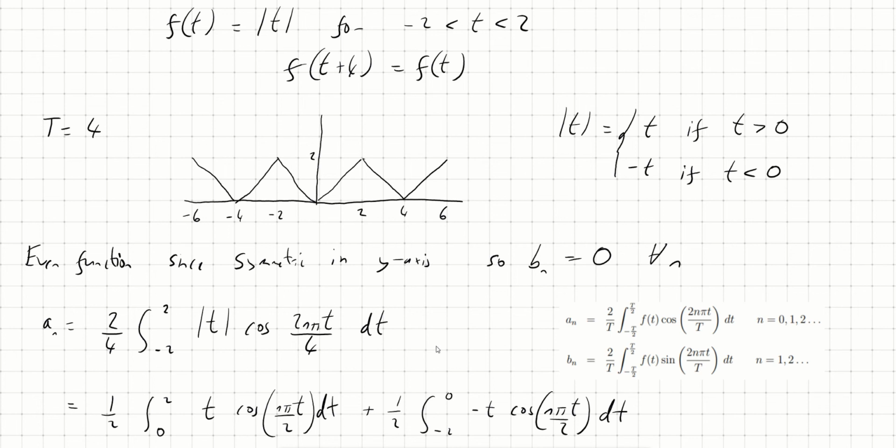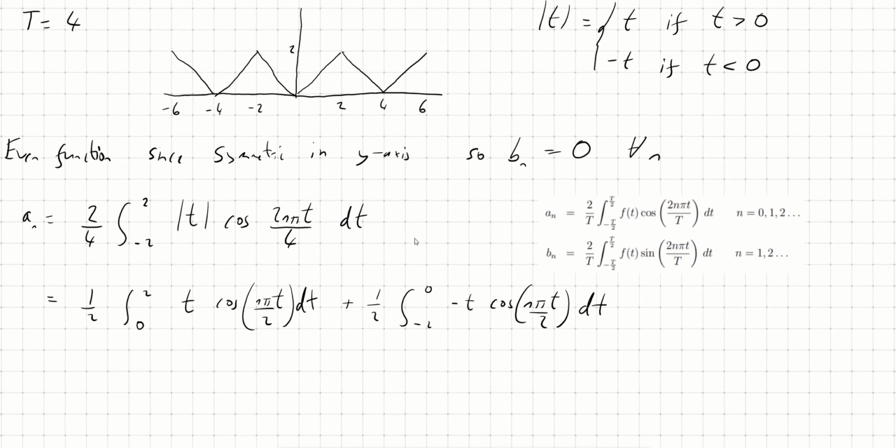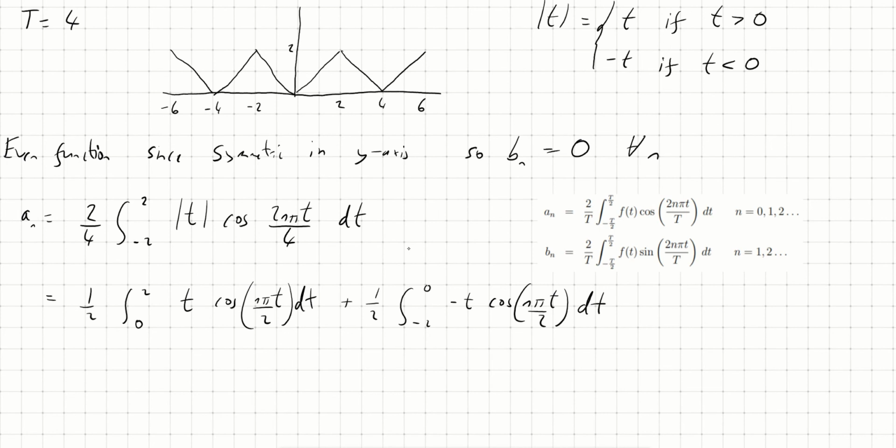Now, if you're a bit clever, you can see that these two integrals are actually exactly the same. By symmetry, they're going to give the same answer. One goes from 0 to 2, and the other goes from minus 2 to 0.